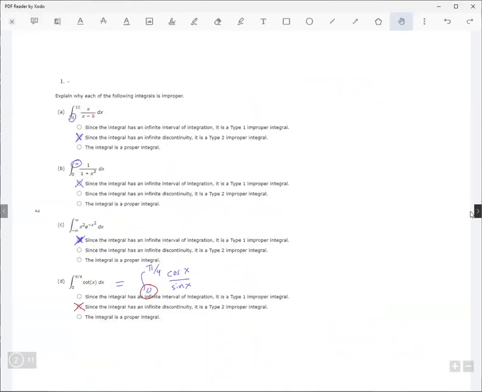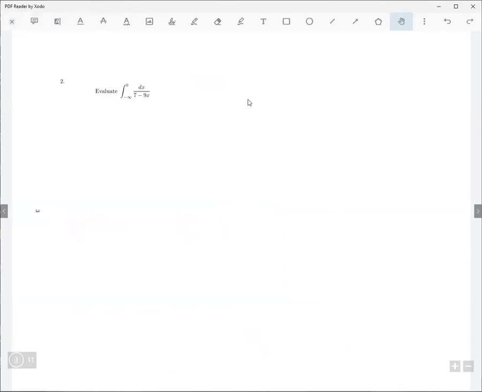Okay. So let's go to number 2, where we actually start evaluating some of these integrals. And usually what you can do is just integrate it as if it's normal, but make sure that there's no problems in the interior. If you take 7 minus 9x and you set that equal to 0, then what do you have?